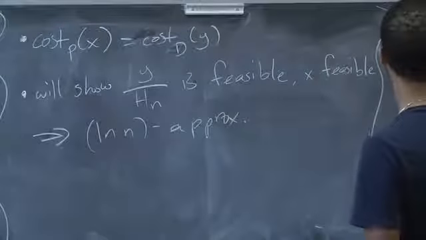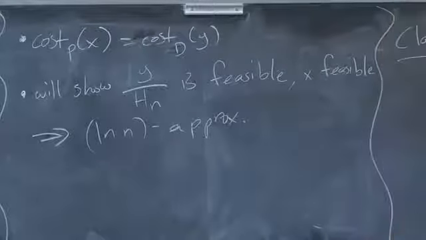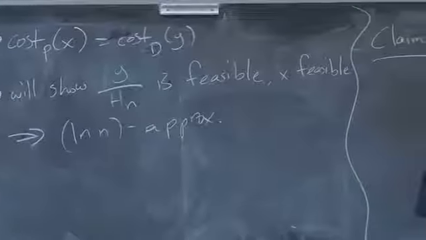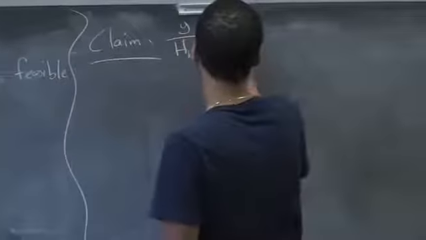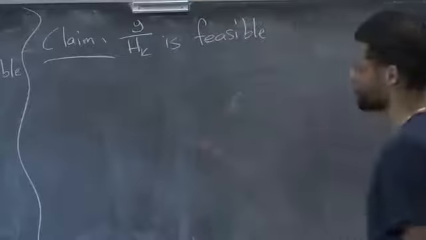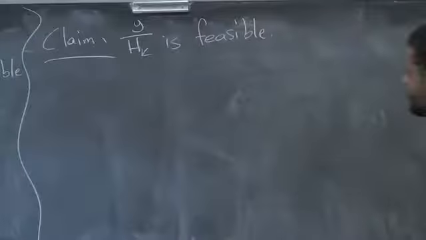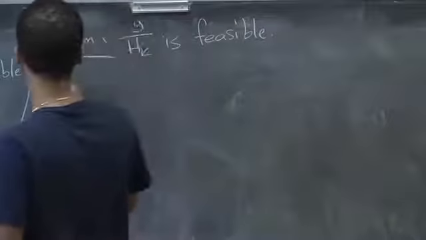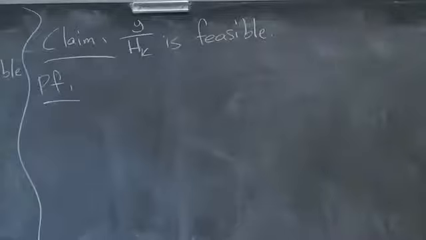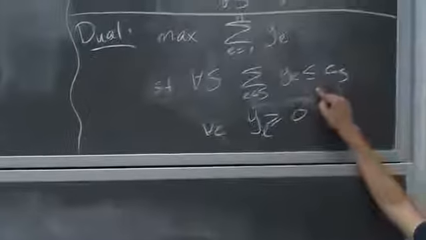So claim: y over H_n is feasible for the dual. Proof. So this constraint's never violated. The only trouble is this one.